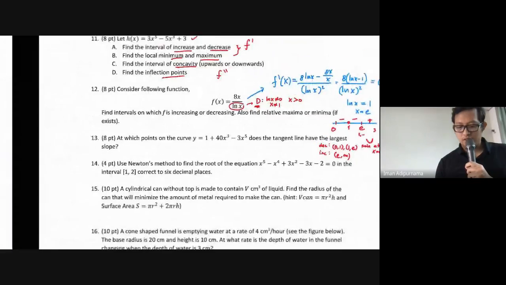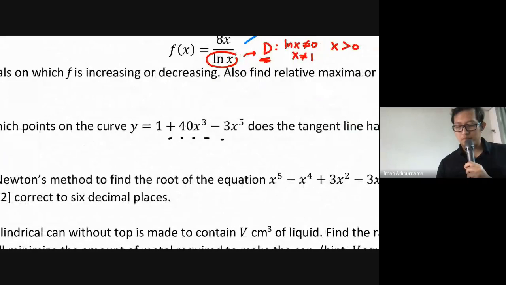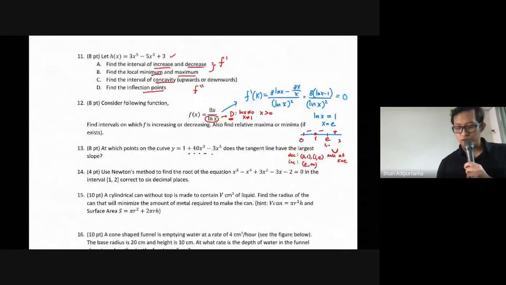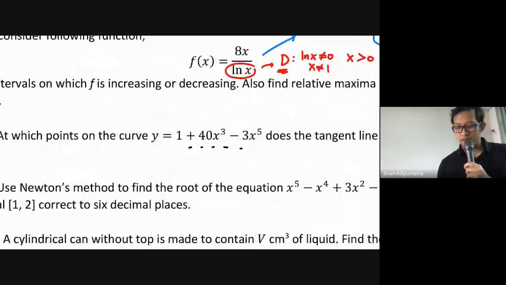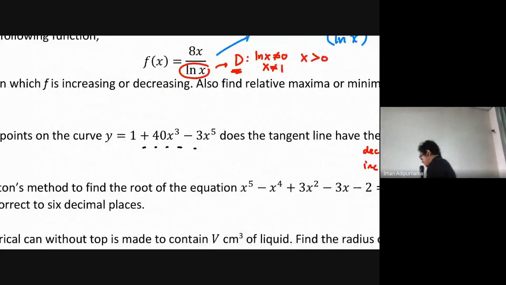Another one is number 13. 1 plus blah blah blah here. At which points on the curve does the tangent line have the largest slope? Okay, so it's quite tricky, but if you can understand, it means you need to find the y double prime.